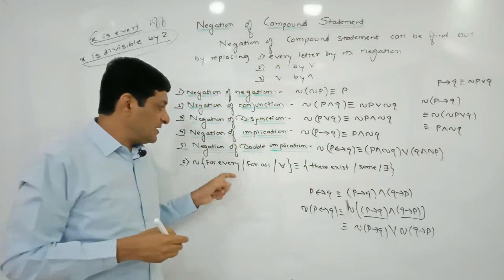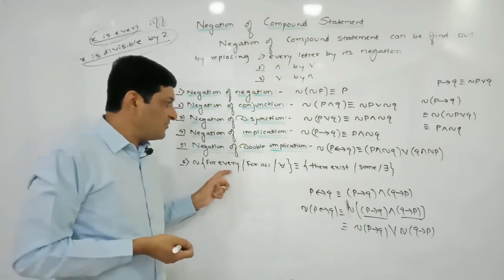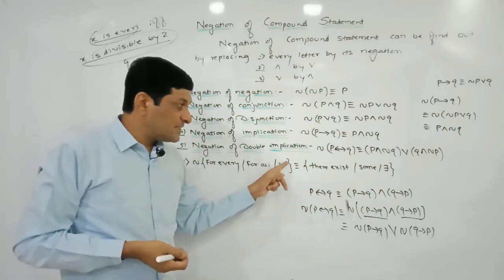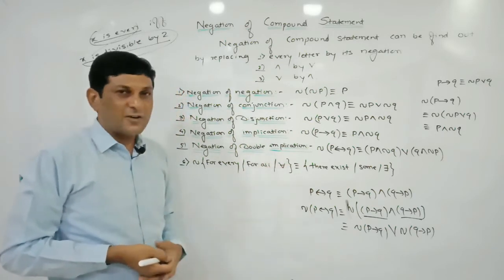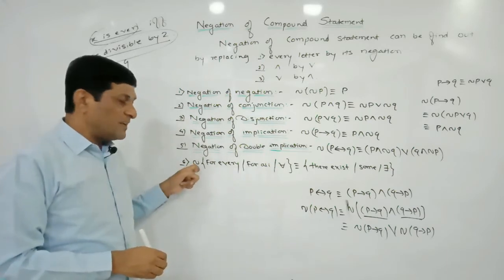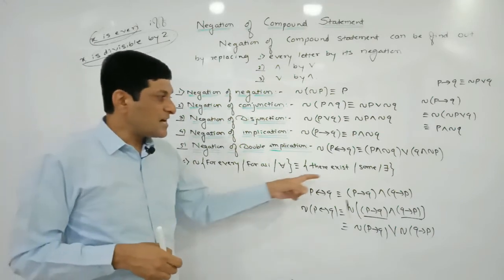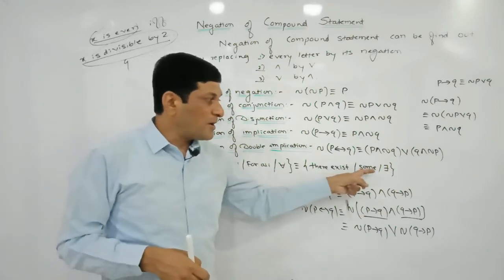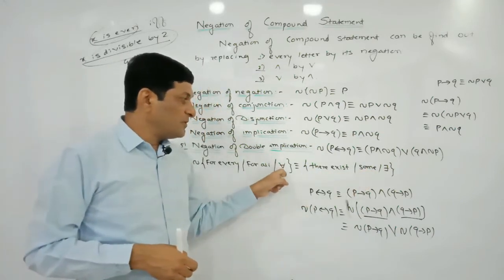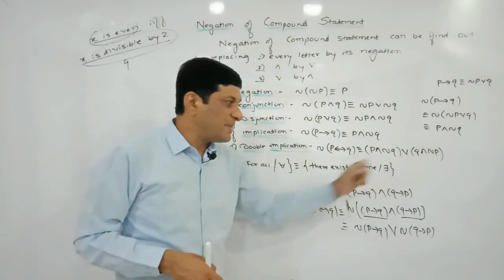Lastly, remember this result. If some statements start with for every or for all, this is the symbolical representation of the universal quantifier. And if we are finding the negation of such a statement, the new statement will start with there exists, or some. If the universal quantifier for every is there, then replace it by there exists.